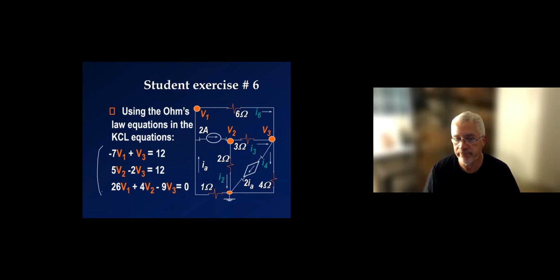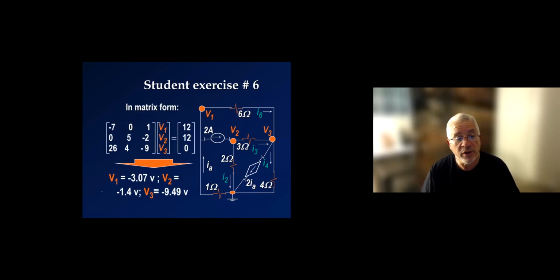So solving this, you get V1 is minus 3.07 volt, V2 is minus 1.4 volt, and V3 is minus 9.49 volt. If you remember what the problem asked originally, the problem asked for the power for each element. So we're going to calculate the power for each resistor, and we're going to calculate the power for these two sources.